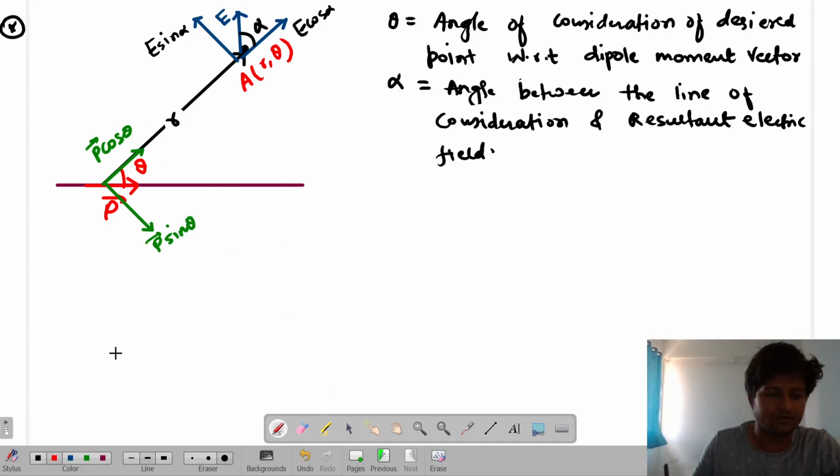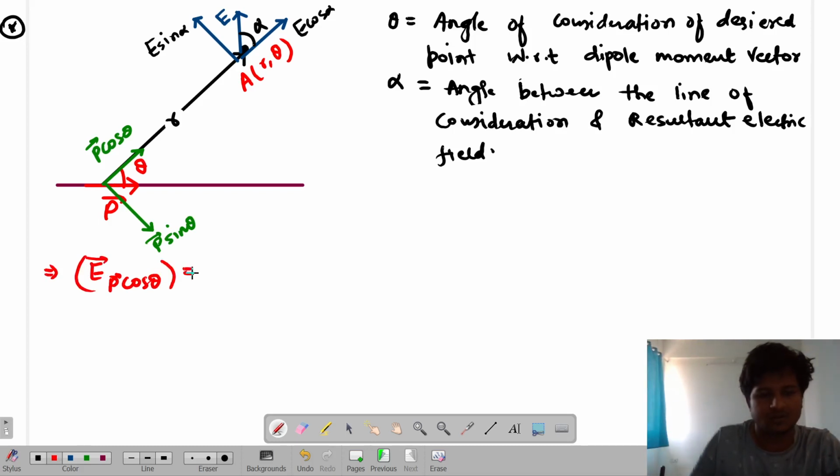So look over here, if I want to find the electric field due to P cos theta, see there are two dipole moment vector quantities, isn't it? So E due to P cos theta will be along the axial line or not, which is E cos alpha, isn't it? So I'm using the trick. If it is P cos theta, it is measured in terms of E cos alpha.